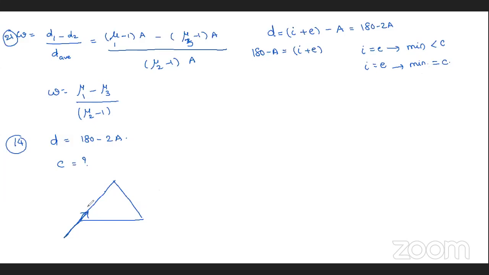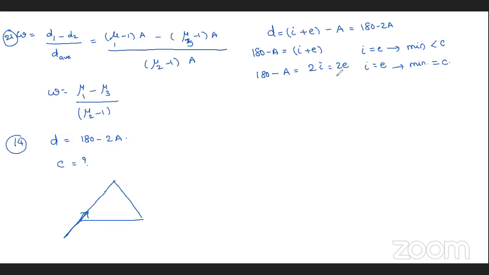Okay? Okay sir. Now suppose it is about to take the total internal reflection. Whether minimum or maximum, 180 minus A is equals to, you are taking it as either 2I or 2E.